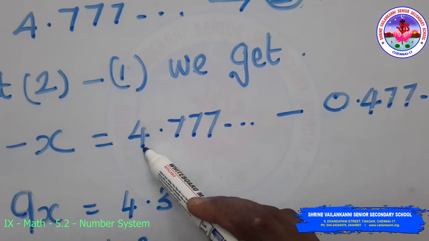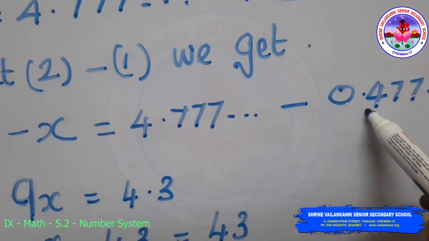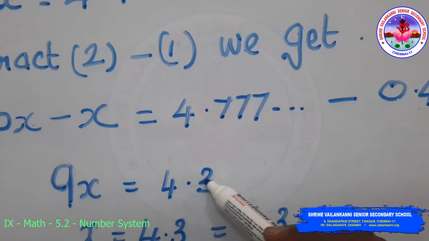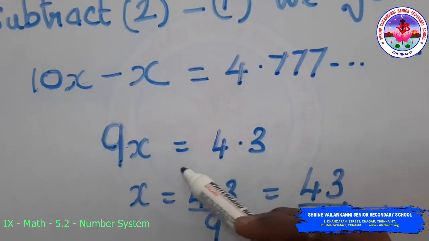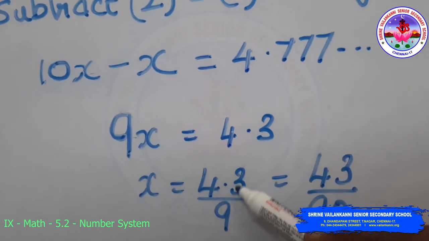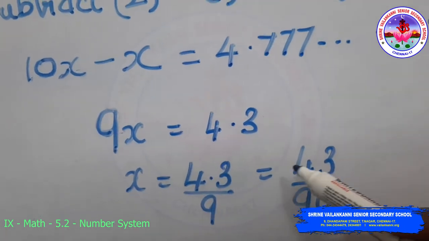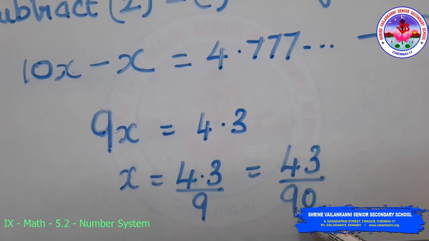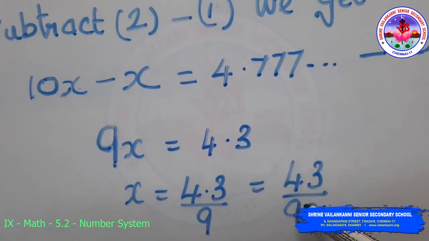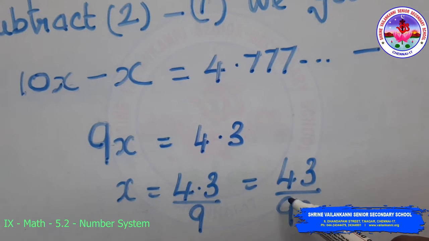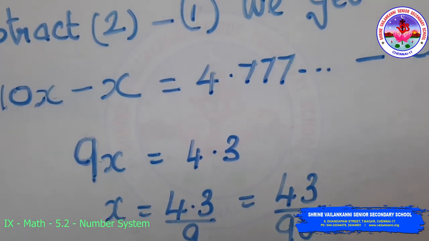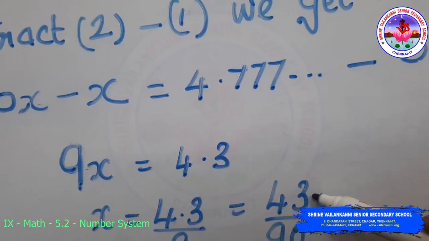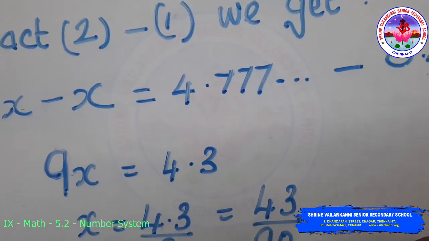When I subtract 4.7 minus 0.4, I will be getting 4.3. So 9x equal to 4.3, x is equal to 4.3 divided by 9. So I will be getting 43 by 90. So hence the decimal expansion 0.47 bar can be expressed as a fractional form p by q as 43 by 90.